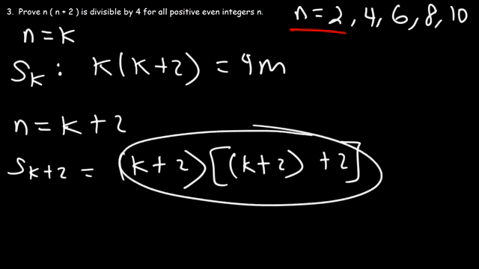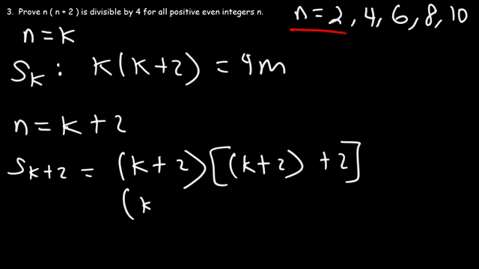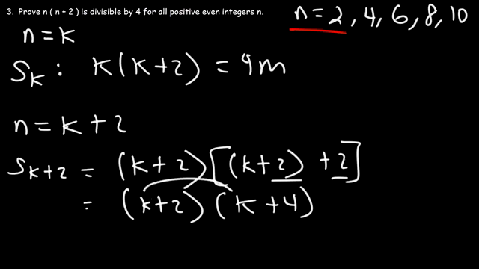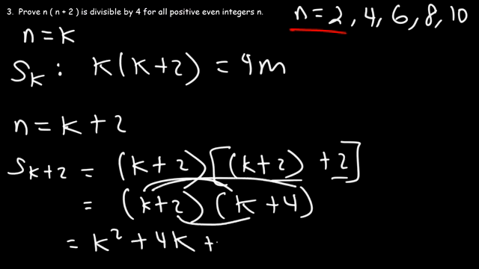So let's simplify that expression. So this is k plus 2, and then we can add 2 plus 2, which is 4. So we get k plus 4. Next, let's FOIL. So k times k is k squared, and then k times 4, so that's 4k, and then we have plus 2k, and then 2 times 4 is 8.